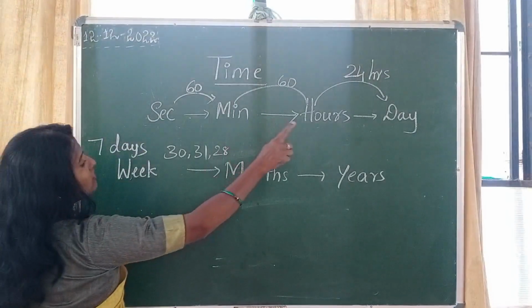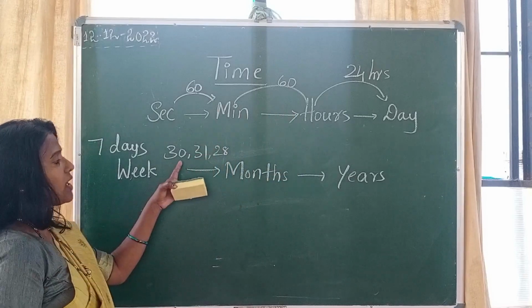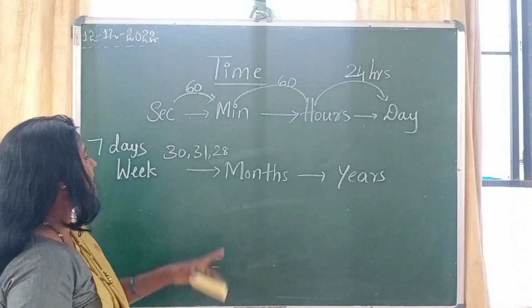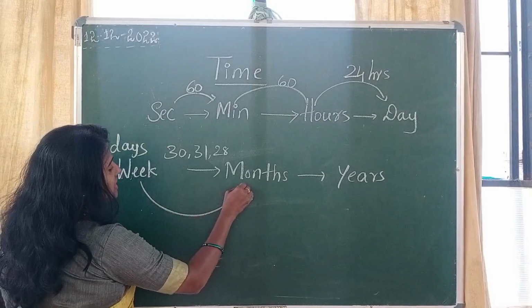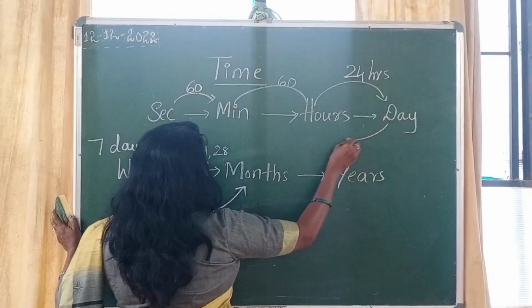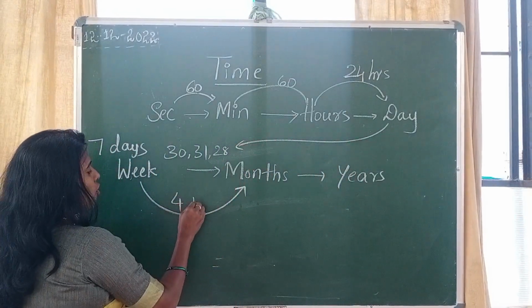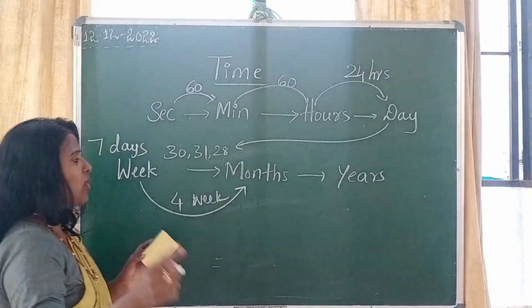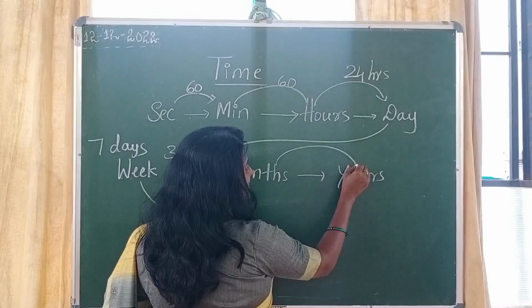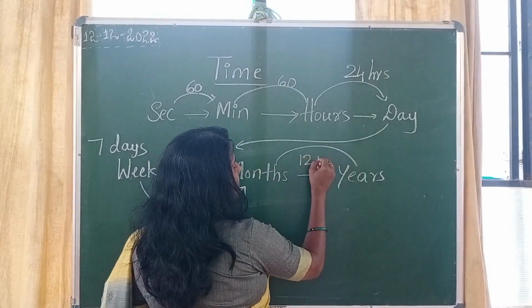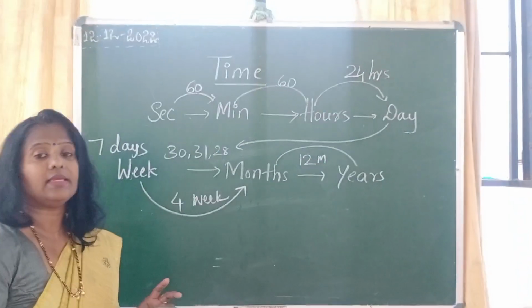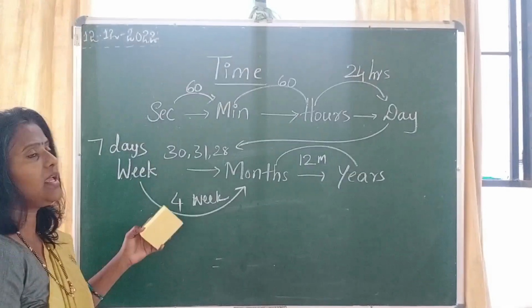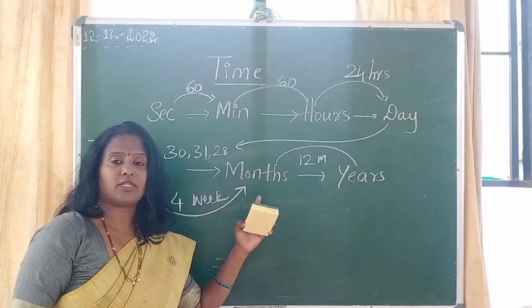If you want to convert days to months, you have to use 30, 31 or 28. If you want to convert to weeks, it may be 4 weeks. 4 weeks make 1 month. And how many months make a year? 12 months make 1 year. So in this way, we are measuring the time.